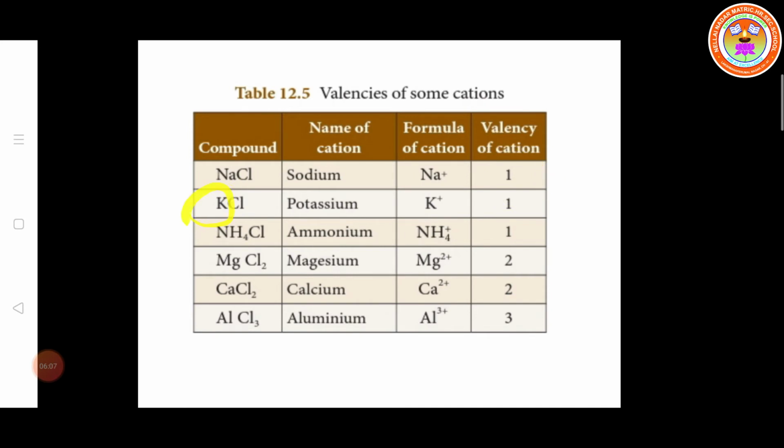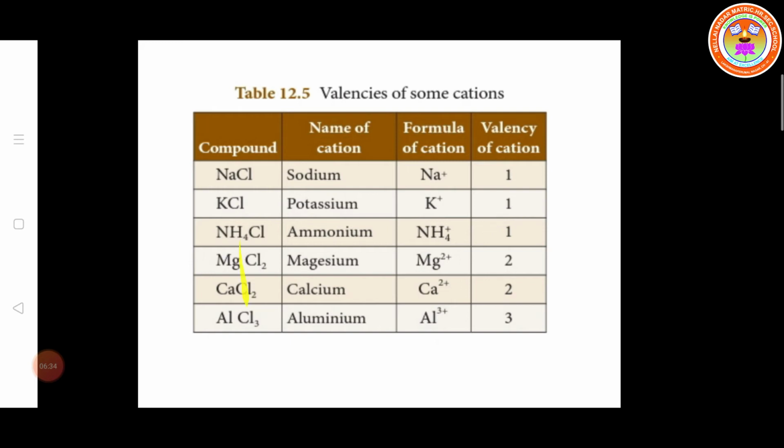K plus is the cation, it has 1 charge, so the valency of the cation is 1. NH4Cl splits into NH4 plus and Cl minus. Ammonium has 1 positive charge, so the valency is 1.